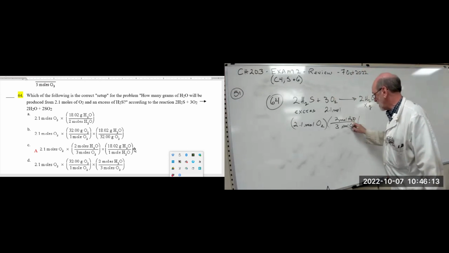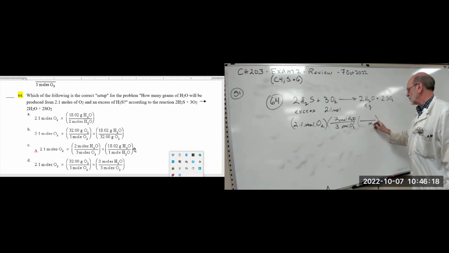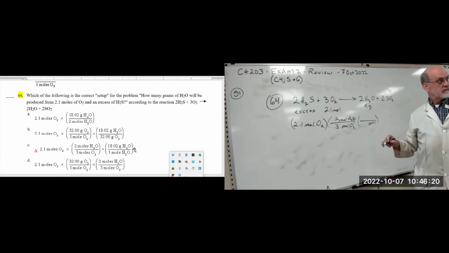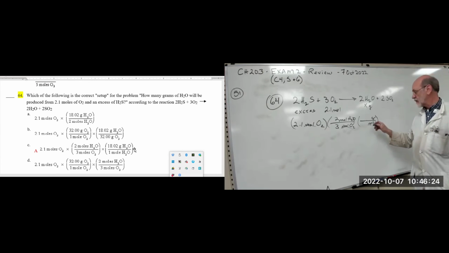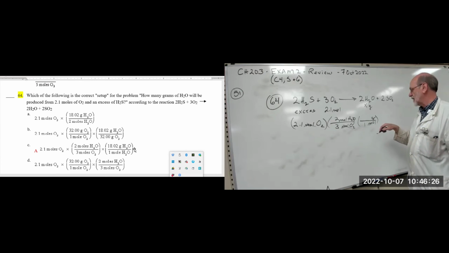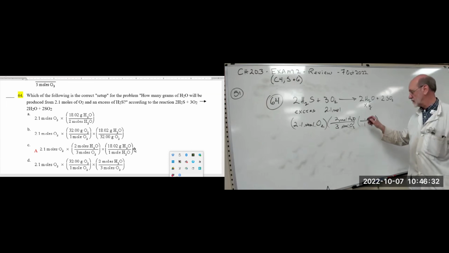Now that we have moles of water, what do we need? Conversion to mass, molar mass. So for every 1 mole of water, how many grams is that? Oxygen is 16, 2 hydrogens is 2.02.